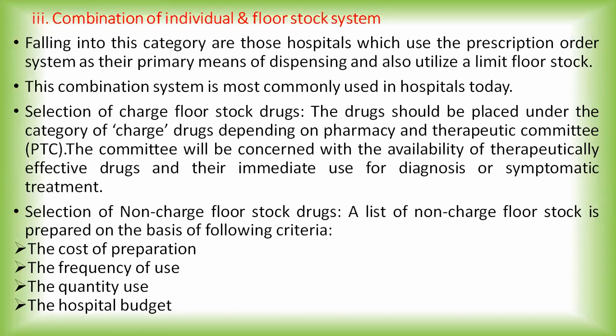There are hospitals which will follow only individual. There are hospitals which will completely follow the floor stock system. But there are some hospitals which will follow both the individual as well as the floor stock system method. Even when we visit the hospital, in certain cases, if any of our relatives or family members is admitted, we can find that this system is commonly used in hospitals nowadays.